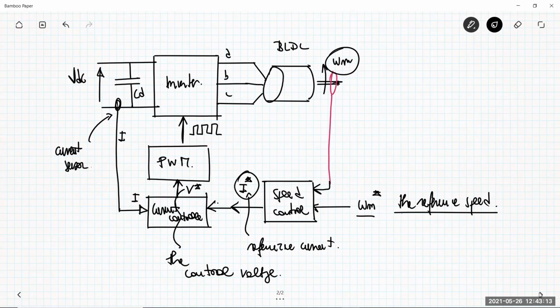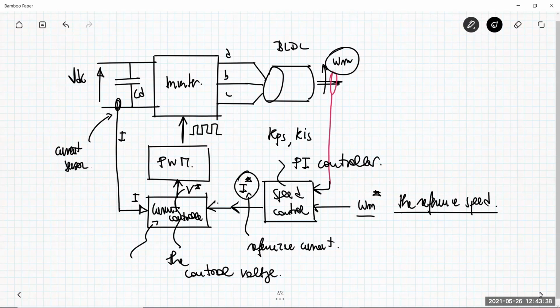Of course, this speed control has some parameters like the proportional constant of the speed controller, the integral controller coefficient, etc. So you have here a PI controller, for example, in the same way we did for the DC motor control. And the same happens here for the current control. So you have another PI controller.